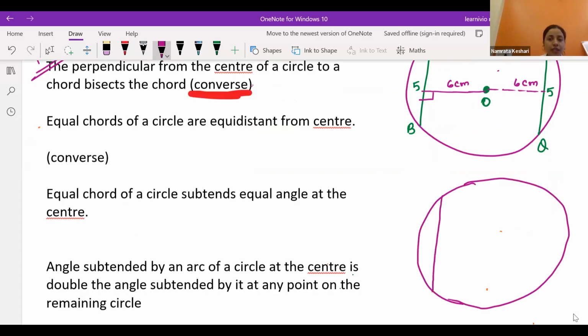Again, if we are having a chord AB and a chord PQ, and these two are equal in length, don't analyze just from the figure. This time I am telling you to assume that AB and PQ are of equal length. So these two must be making the same angle at the center.